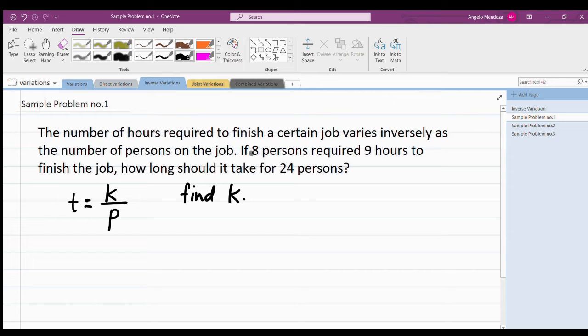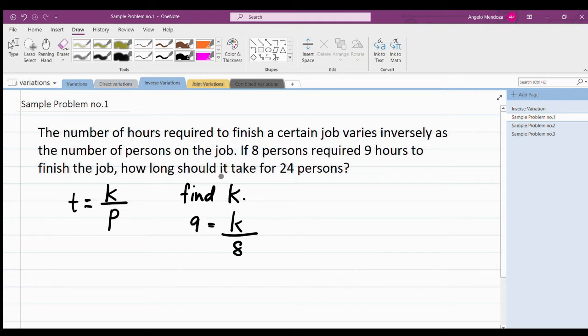This part is actually given: 8 persons required 9 hours to finish the job. So our 8 persons will be our p, that is 8. The 9 hours will be the time. So that's 9 equals k over 8.